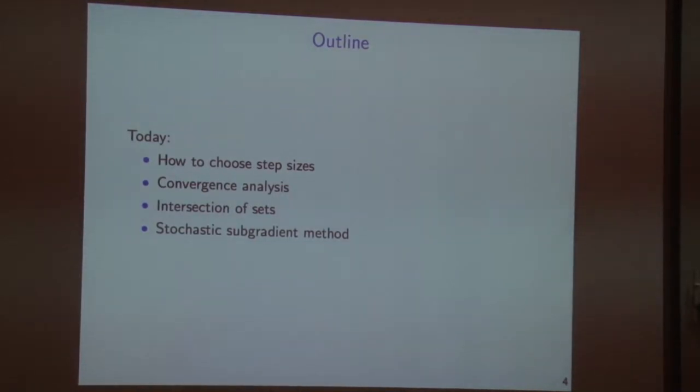We're going to talk about applications of the subgradient method, in particular a nice intersection of sets problem we can solve. And then we're going to talk about a stochastic version, which is interesting considering the large-scale problems we want to solve in modern data analysis. We'll revisit stochastic methods at the end of the course, probably as an advanced topic, where we'll talk about them in more detail.